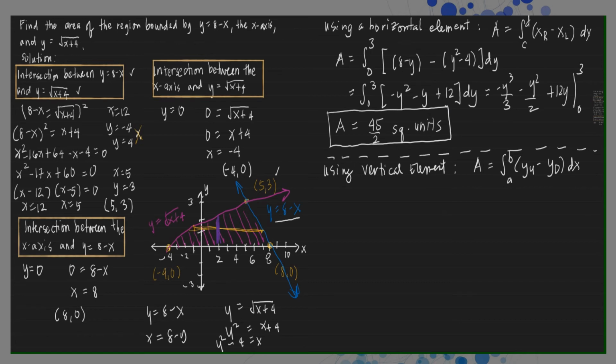However, if we draw our vertical element somewhere on the right side of our region, we find that our y up is no longer y equals square root of x plus 4. Instead, it is y equals 8 minus x. This is an indication that we are supposed to divide our region into parts.